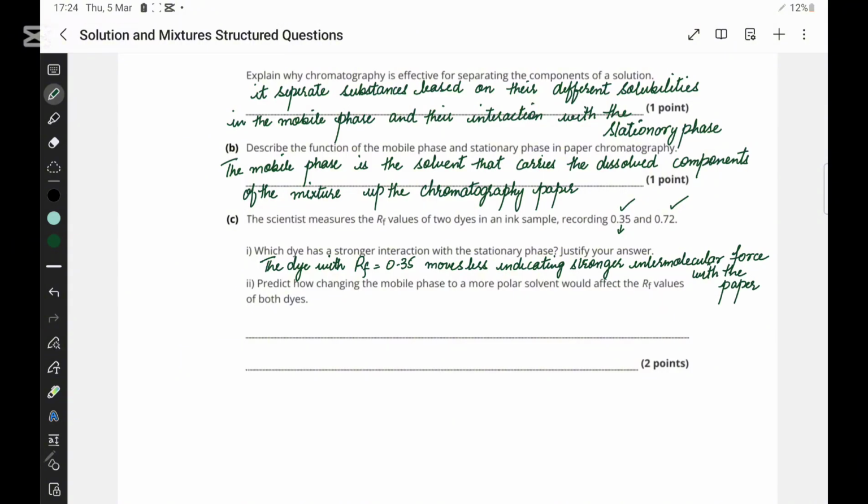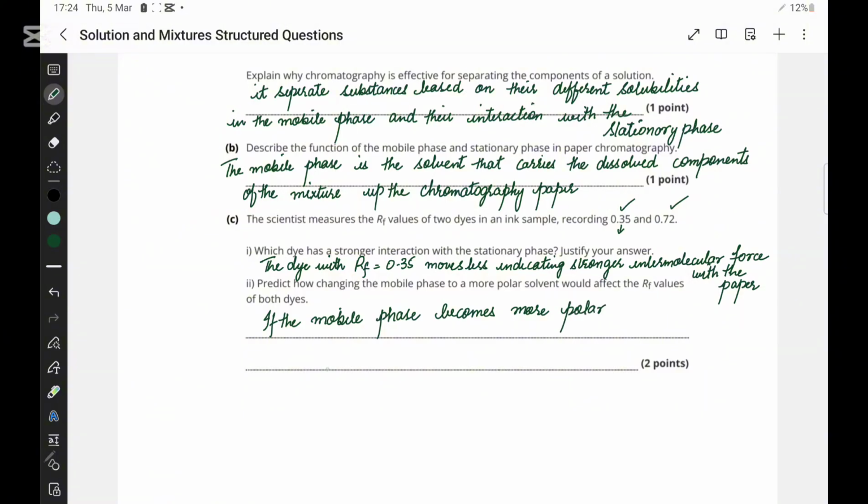In the next part, they are saying predict how changing the mobile phase to a more polar solvent would affect the RF value of both dyes. The RF value of the more polar dye will increase. If the mobile phase becomes more polar, then what is going to happen?